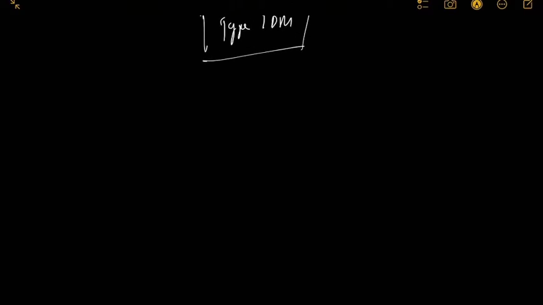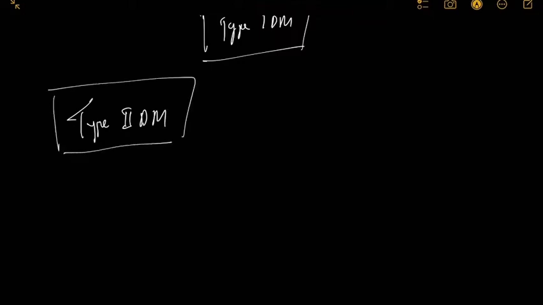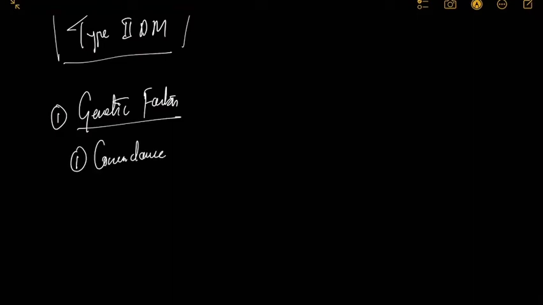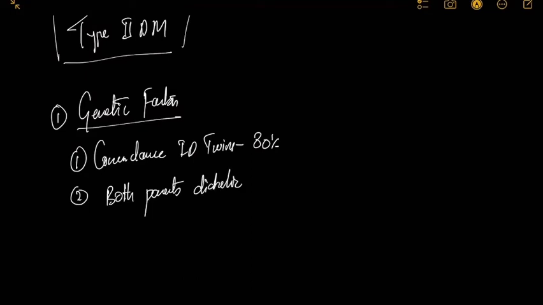Now let's come to the pathogenesis of type 2 diabetes mellitus. Again, certain genetic factors, such as concordance in identical twins, which has about 80%, and both parents being diabetic, this contributes about 50% risk.